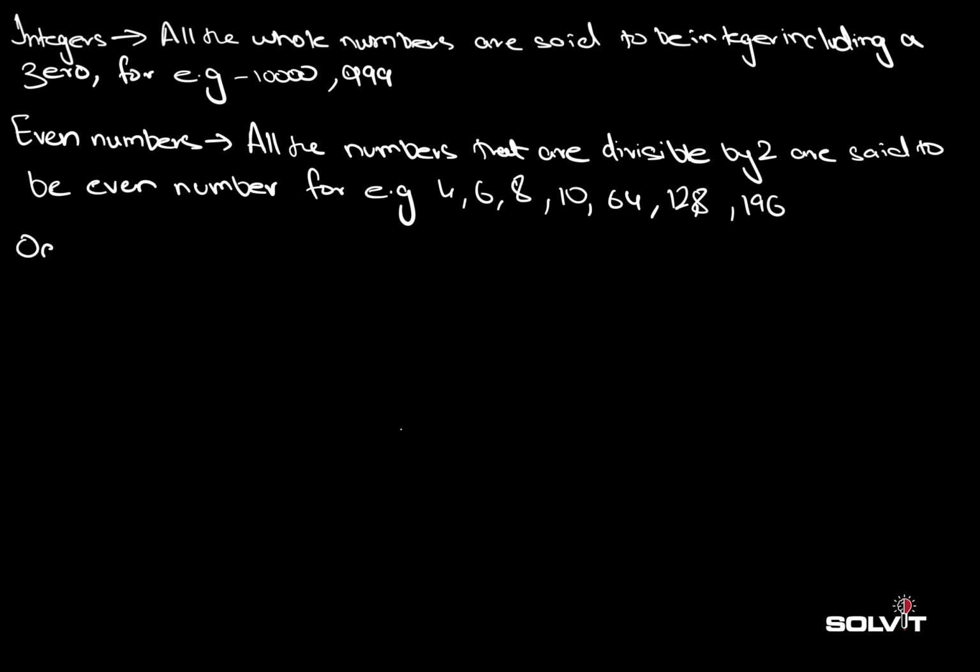Now what are odd numbers? Odd numbers are all the numbers that leave a remainder of 1 when they are divided by 2.